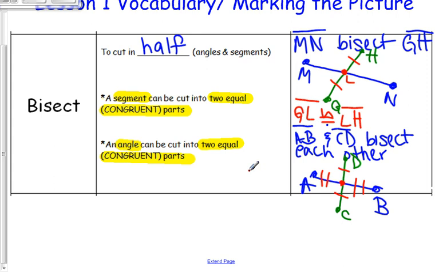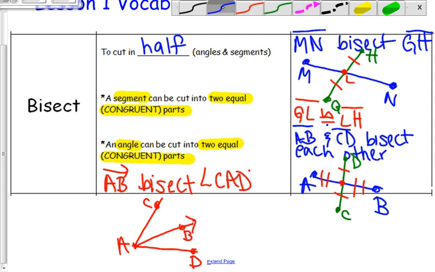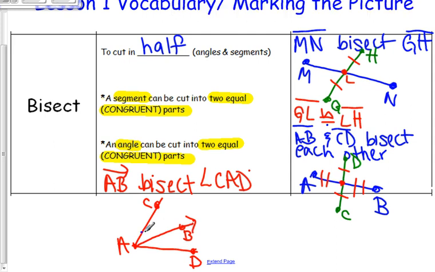are actually congruent. The last part is if we have an angle, so maybe we have ray AB bisecting angle CAD. Okay, so if we have that, we've got angle CAD. Okay, and then ray AB coming out from it. Congruent marks for angles are going to be little arc marks in the corners.